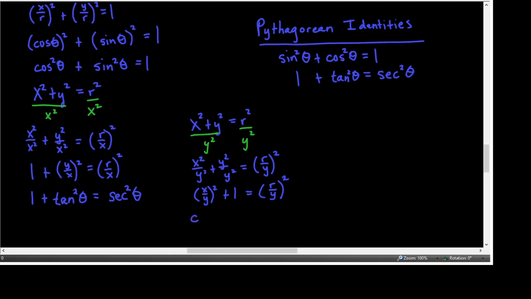The square of cotangent theta will be written as cotangent squared theta plus 1. And r over y is cosecant theta. The square of that will be cosecant squared theta. And there's your third and final Pythagorean identity. Cotangent squared theta plus 1 equals cosecant squared theta. All right.